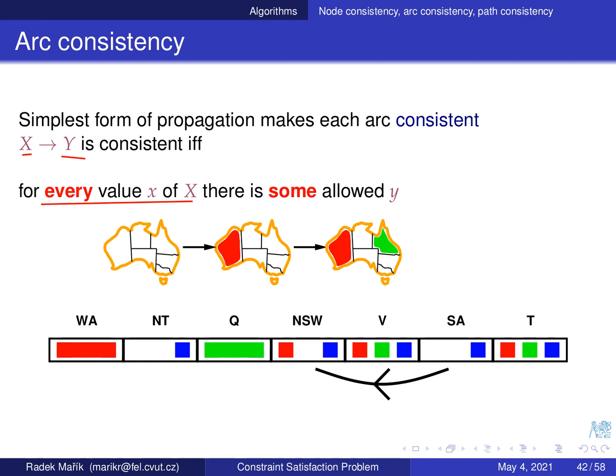Okay, so basically for blue for SA, there is a red for NSW. If you do it in the opposite way, red allows blue, okay, but if you assign blue to NSW, then you have no remaining value for SA. So this value must be dropped.